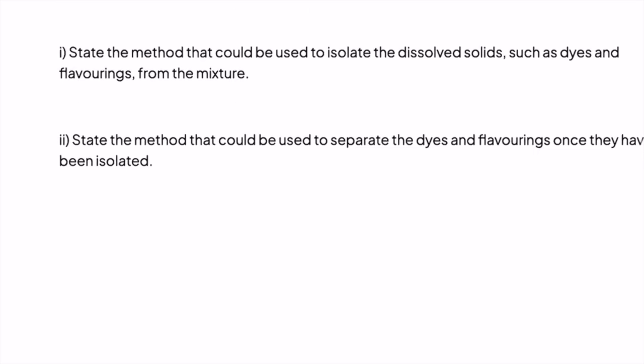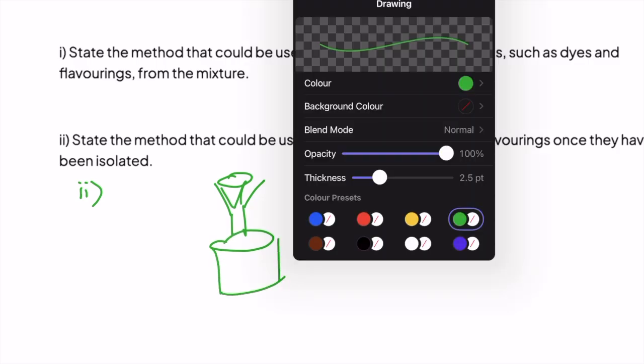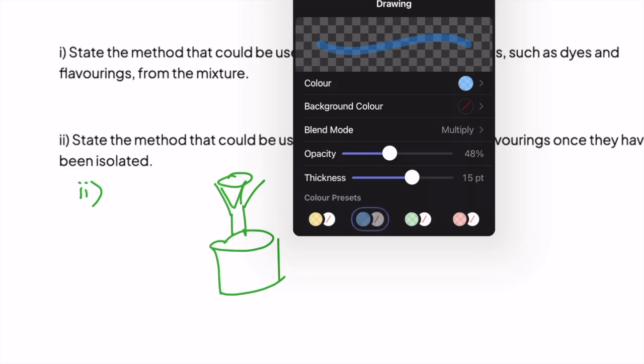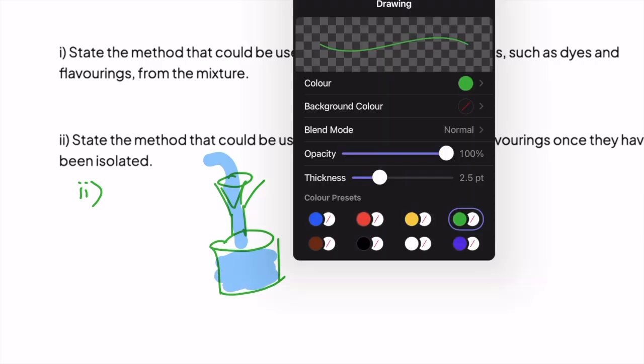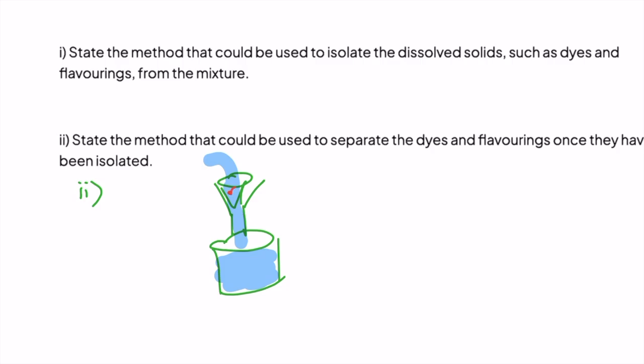So if you were to draw one, you have a funnel, you have your filter paper, you have a beaker, and you have your liquid coming through. And then the residue would be your unknown solids over here.